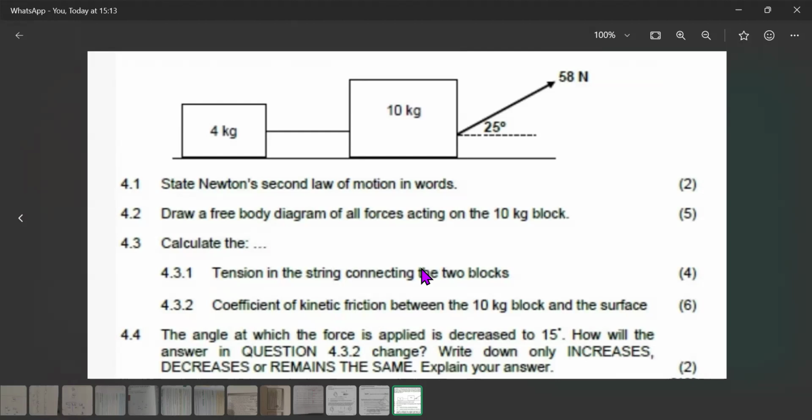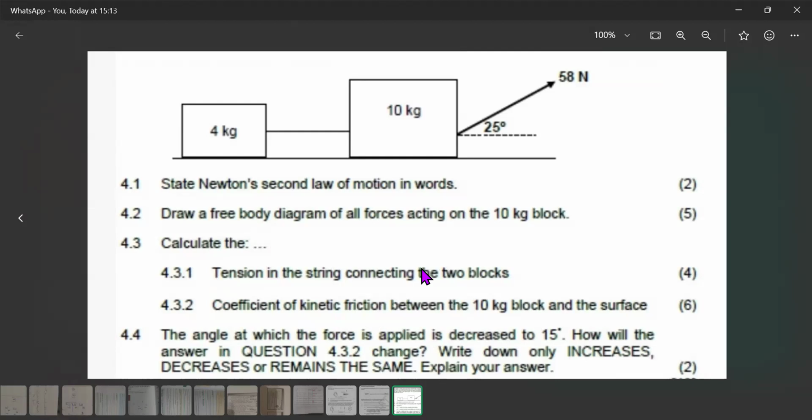So if the kinetic frictional force increases, then the coefficient of kinetic friction will have to increase. The answer has to be between it increases or it remains the same. So which one is it going to be?